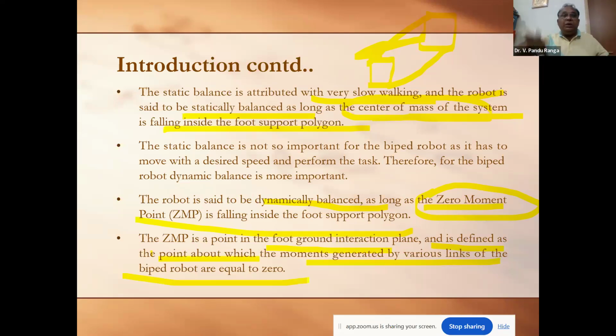When the robot is moving, or when the human body is moving, the links generate movement about an axis. In this case, the zero moment point is a point about which the moments generated by all the links are equal to zero. That point is located on the foot ground interaction plane.